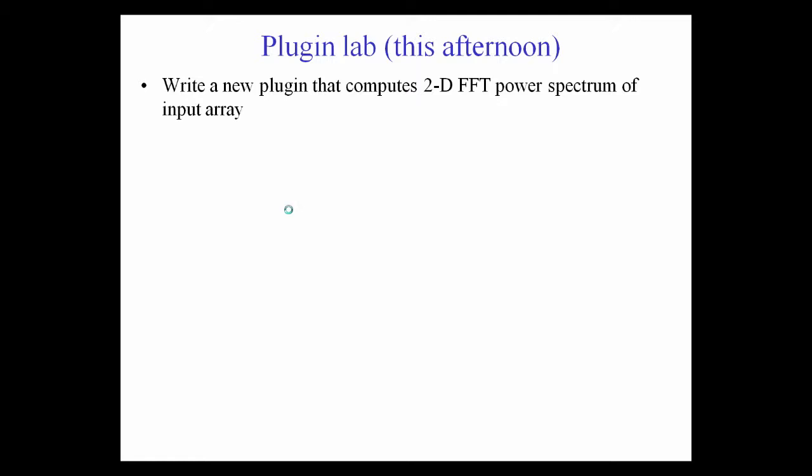So if we want to get it back into something that's not complex, we can do the power spectrum, meaning at each pixel we compute the absolute value of the complex number, which is just the square root of the real part squared plus the imaginary part squared.